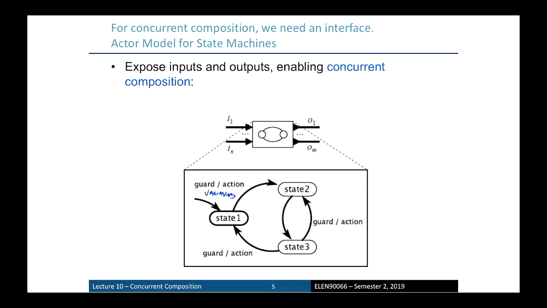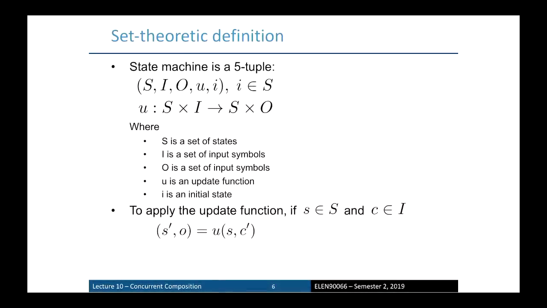All right, so we need some really formal notation. If you think about us being able to describe a composition of state machines, we have to be very careful about mapping input and output spaces and all sorts of things like that.